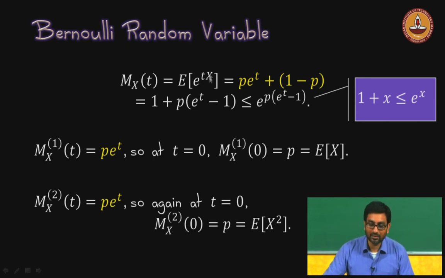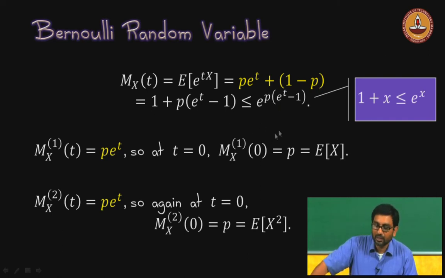When x is 1, you get e to the t, so you get p e to the t. Plus, when x is 0, you get e to the 0, which is a 1, and that happens with probability 1 minus p.